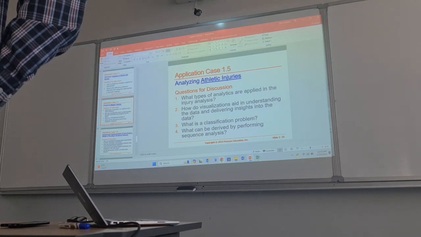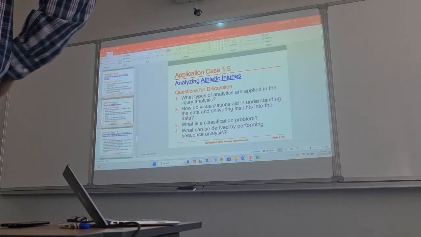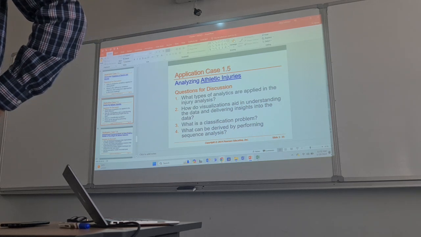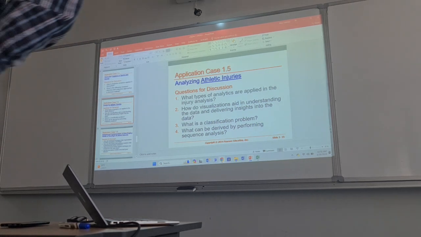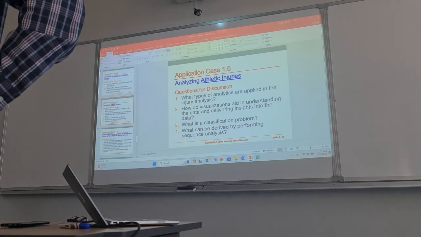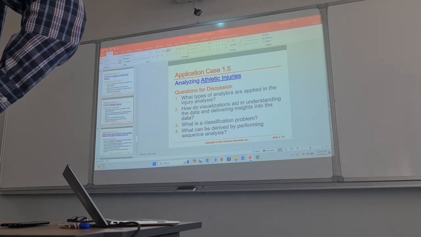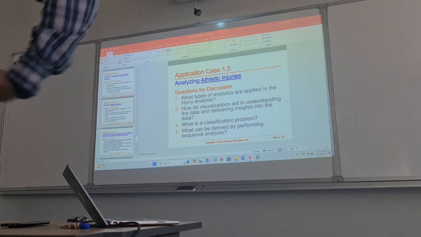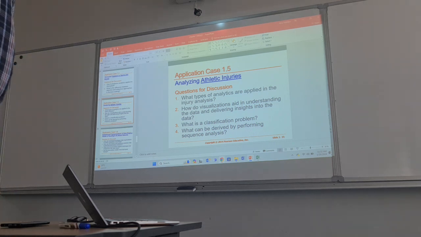Stress fractures are very common. Because of the stress, they get fractures in their spine. So one of the things really helping is analytics. They put a lot of sensors on the body, and then they see why one bowler is not getting any stress fracture and why another bowler is repeatedly getting stress fractures.